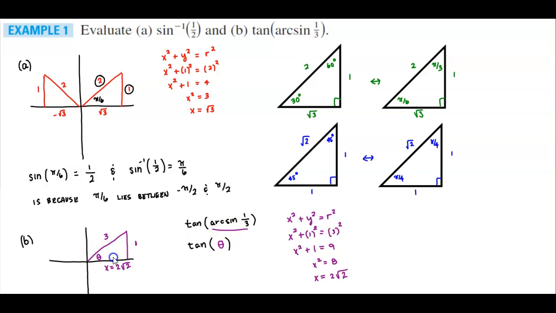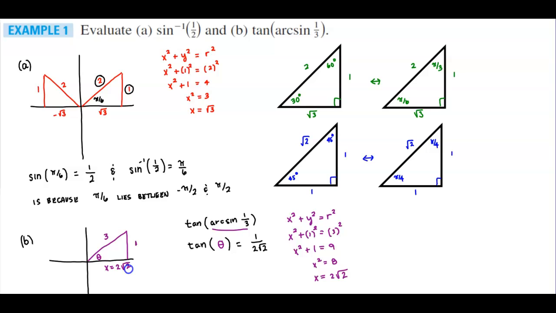Well, this is our triangle. This is theta, right? And so what do we know about the tangent of theta? Well, the tangent of theta is the value of y over x. And so the value of y is 1. The value of x is 2 times the square root of 2. So therefore, this is going to equal 1 over 2 times the square root of 2.